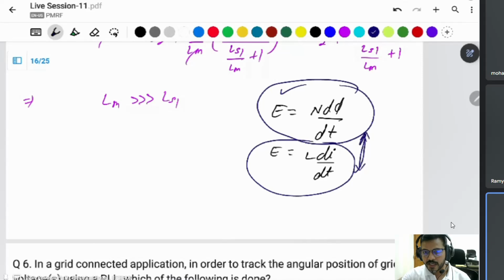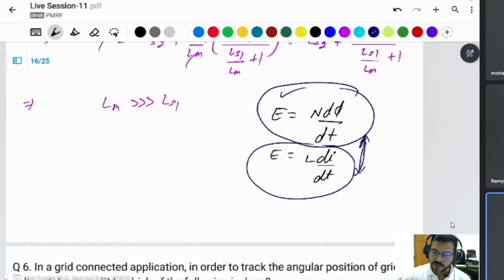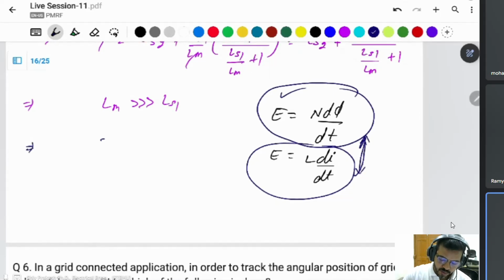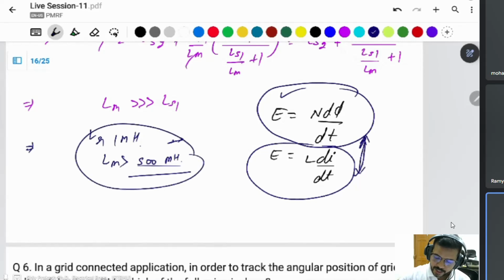That's why the note mentioned in the circuit is that it is not the primary winding inductance; only the leakage inductance is mentioned. That's why leakage inductance is very small compared to the magnetizing inductance. Approximately, the leakage inductance will be 2 millihenry or 1 millihenry only, and the magnetizing inductance will be more than 500 millihenry. That's why you can neglect this term.